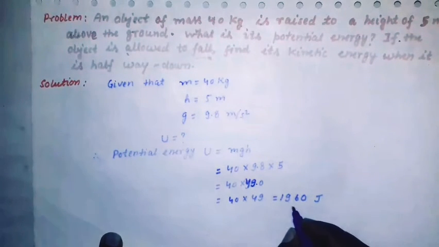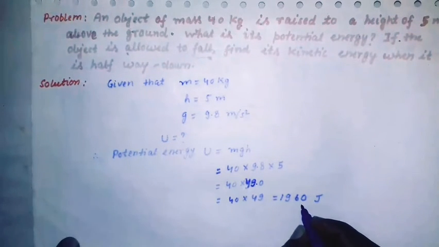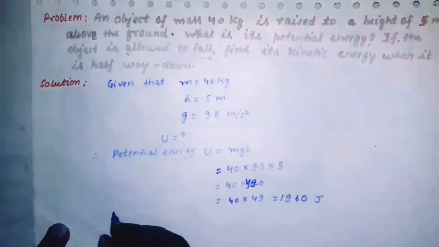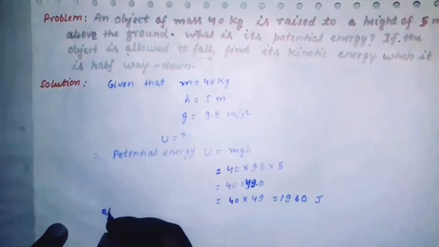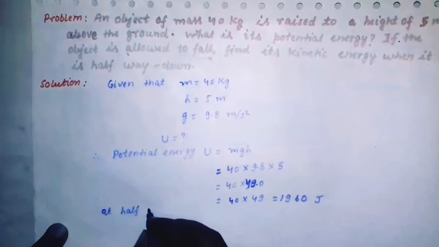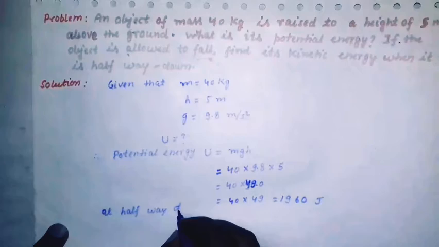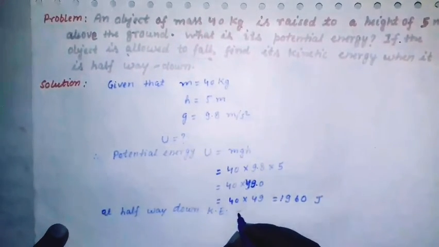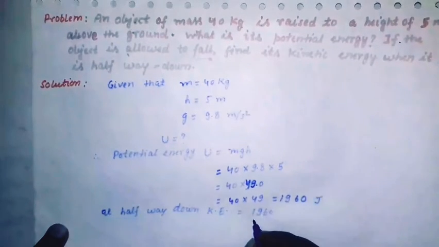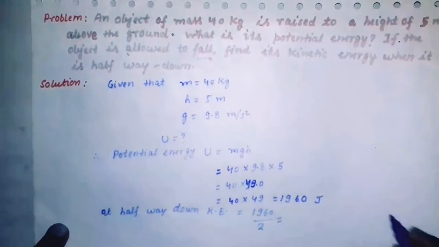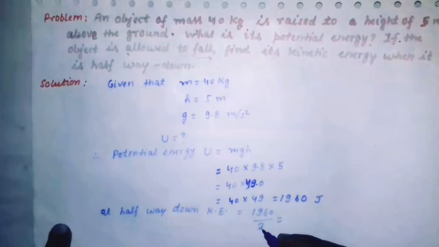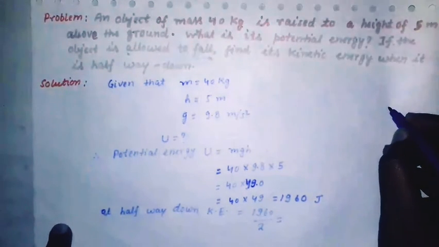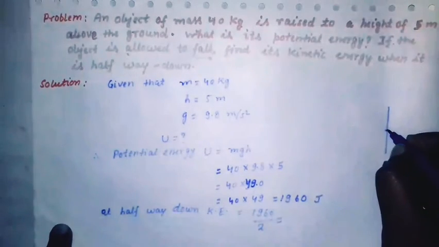When it is halfway down, its kinetic energy will be equal to half of this energy. So at halfway down, kinetic energy equals this 1960 divided by 2, because half of the energy will be potential energy and half of the energy will be kinetic energy at the midpoint of motion.